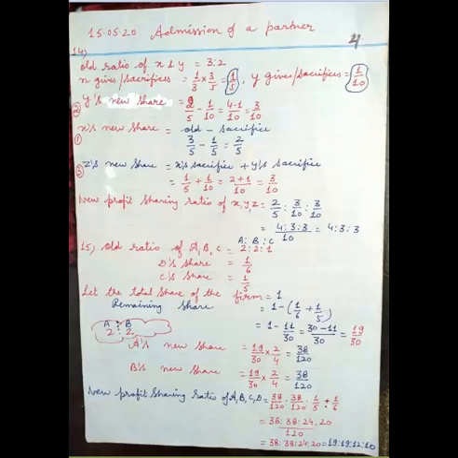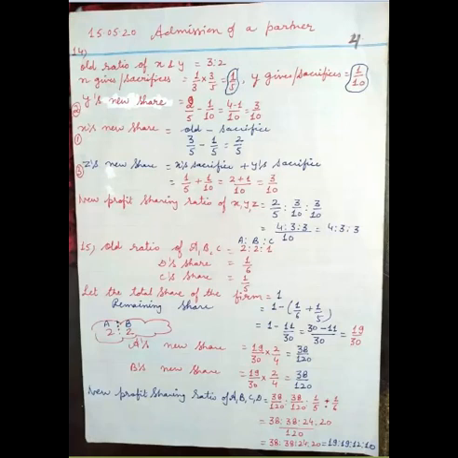They admit Z into partnership. X gives 1/3 of his share. Underline the word of. Of means multiply. And Y gives 1/10 from his share to Z. From means minus. Of means multiply. Calculate the new profit sharing ratio and sacrificing ratio.